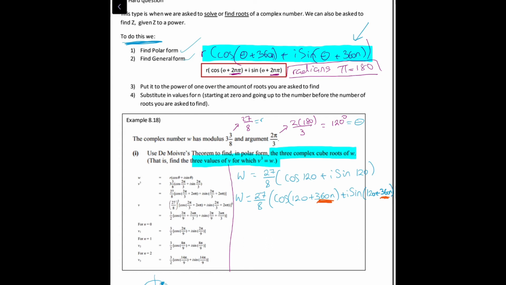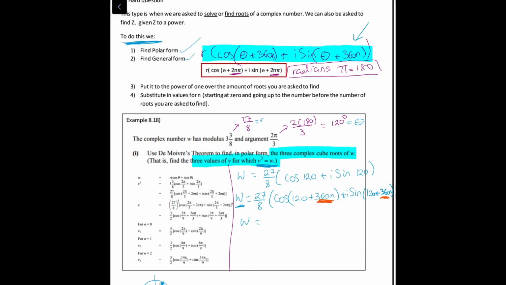So now that we've found general polar form, step 3 says put it to the power of 1 over the amount of roots you're asked to find. Here we're asked to find 3 complex roots, so I'm going to have to put this to the power of 1 over 3. The other way I'm saying this is that w is equal to v to the power of 3.